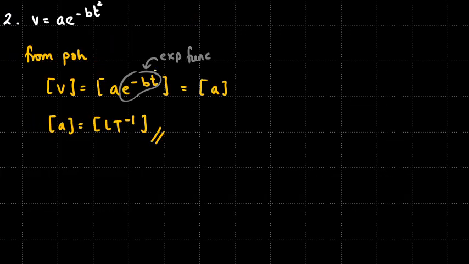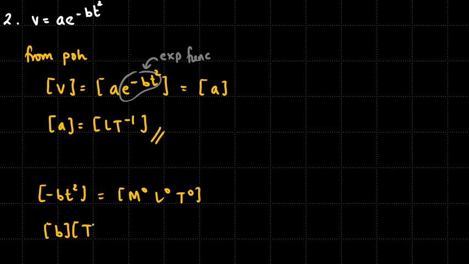So minus B t squared is dimensionless, which means its dimension is m0, l0, t0. The minus sign is dimensionless, so the dimension of B will be the same as, with the dimension of t being T, m0, l0, t0.